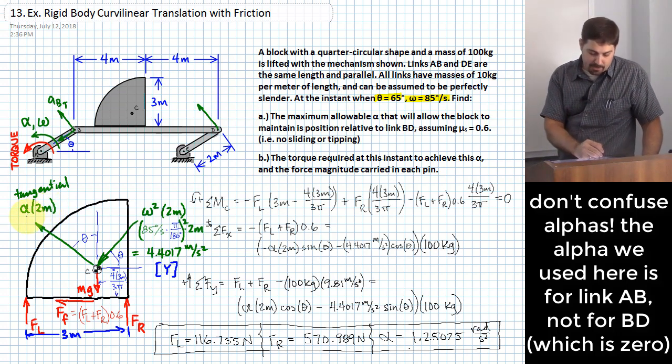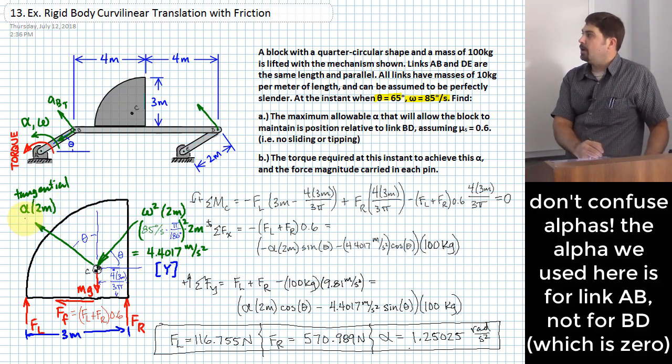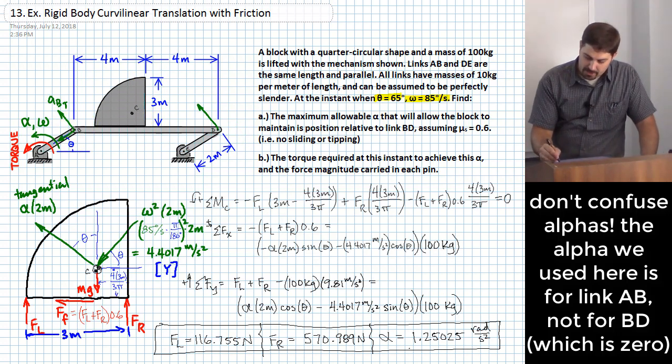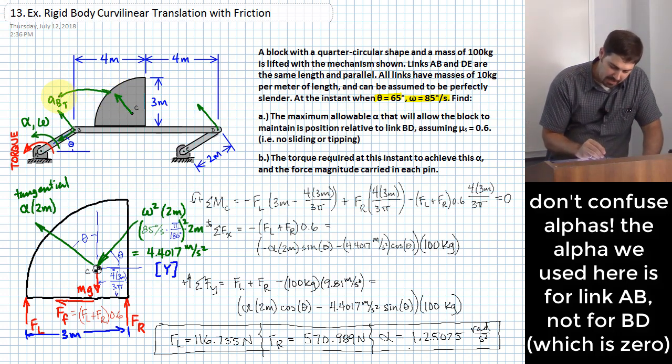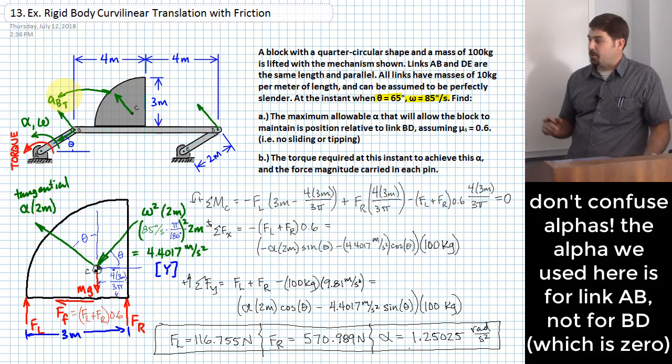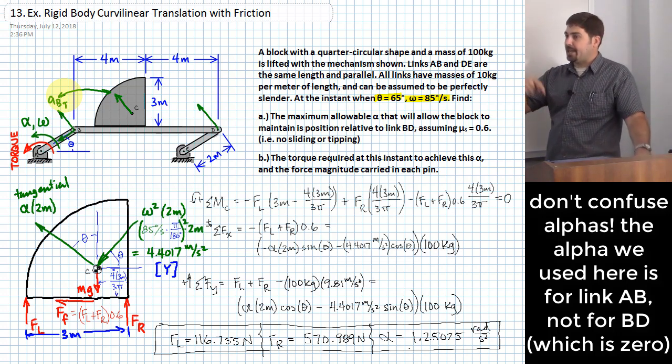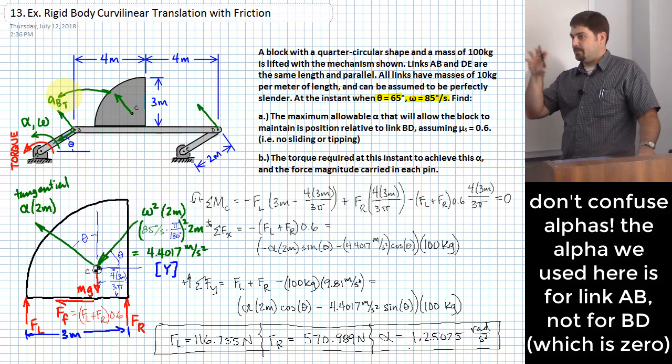The reason that I have this term of alpha is not that there's an alpha for the quarter circle part, it's that there is an alpha for link AB, and I can relate that to what the tangential linear acceleration is of point B. Because I know that this whole thing is just translating, I know that's also the same acceleration that I have in the tangential direction here, right? This and this are the same, right? So the alpha that I have there is the alpha of link AB, not the alpha of the part itself, the quarter circle itself.